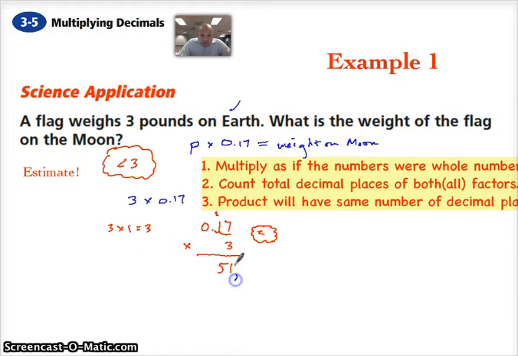It's going to be less than 3, so we have to move toward the left here, 2 decimal places. There we go. So our answer is 51 hundredths of a pound is what that weighs on the moon. Boy, that is small.